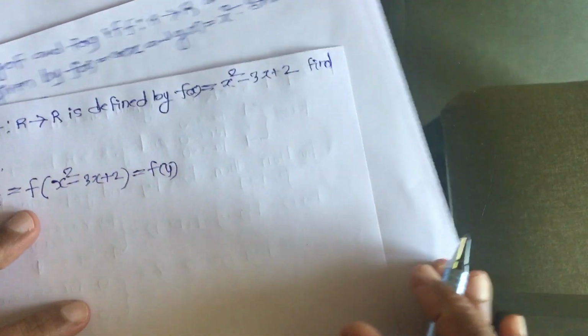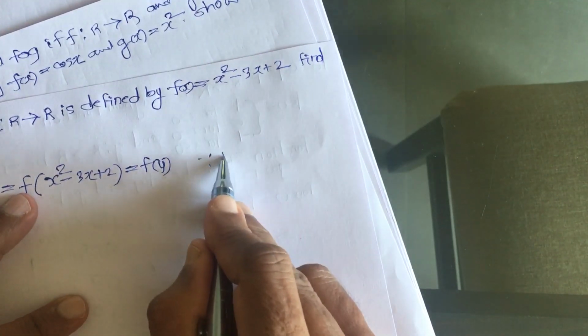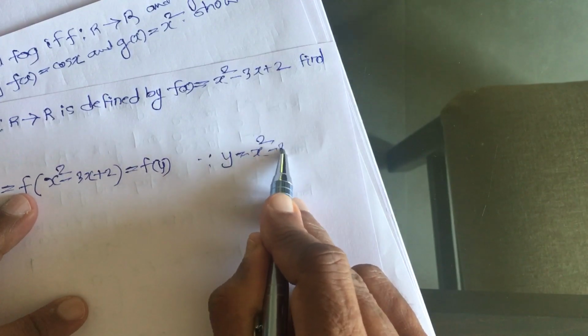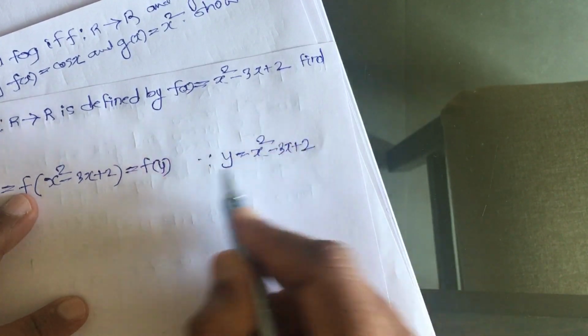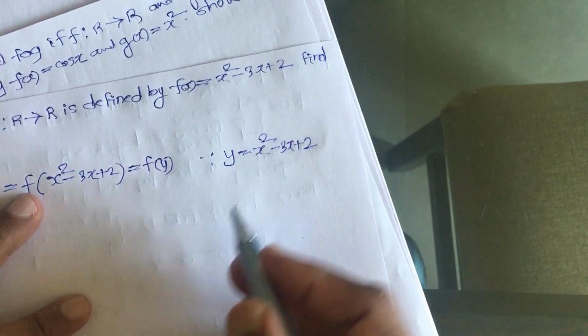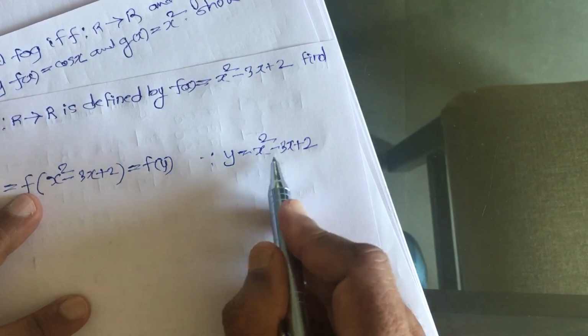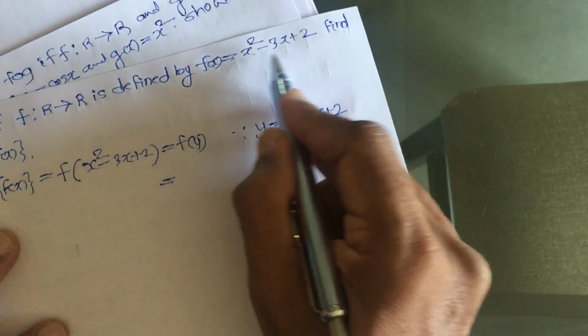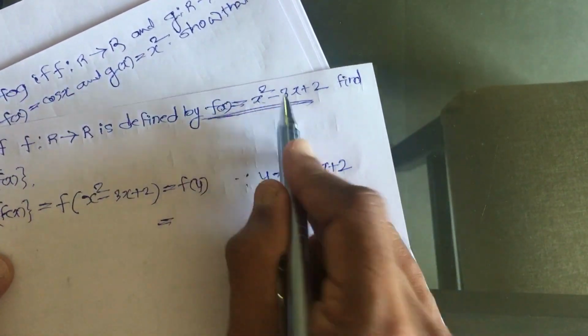For the sake of convenience I have taken y as x square minus 3x plus 2. After that, again we can replace the value of y, and f of y means put here x equal to y.